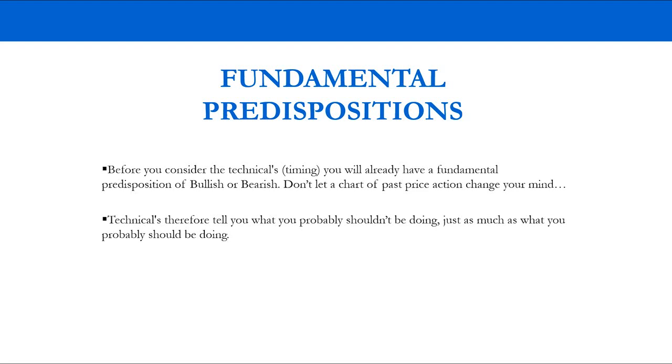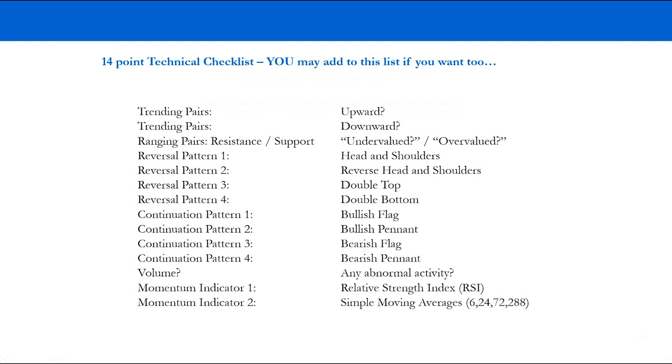So going into our technical analysis checklist, what are we actually going to be looking at? Well, we're going to be looking at a 14-point technical checklist. And the beauty of this overall process is that if you think you're an expert on technical analysis at this stage, you can actually add more indicators into this part of the overall systematic process.